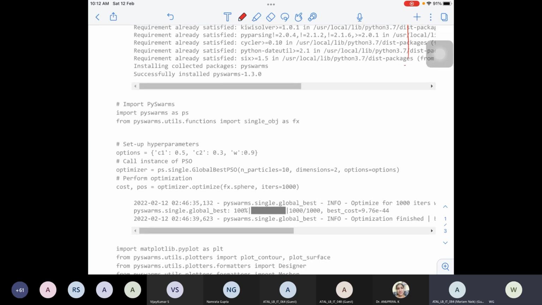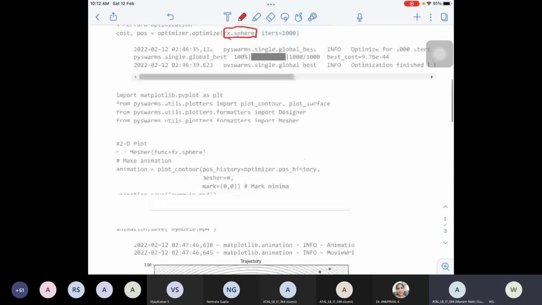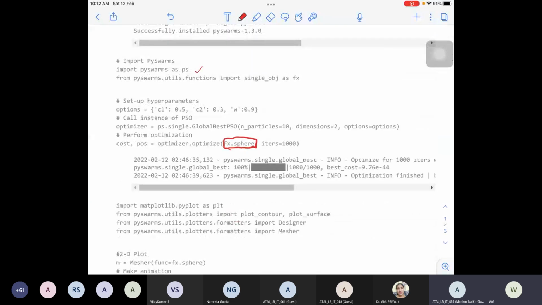Now, in order to use PySwarms, you import it. Here we have just shown an optimization of a sphere function. The entire program is quite simple. You just have the objective function that you need to optimize, then pass it to the function called optimize.